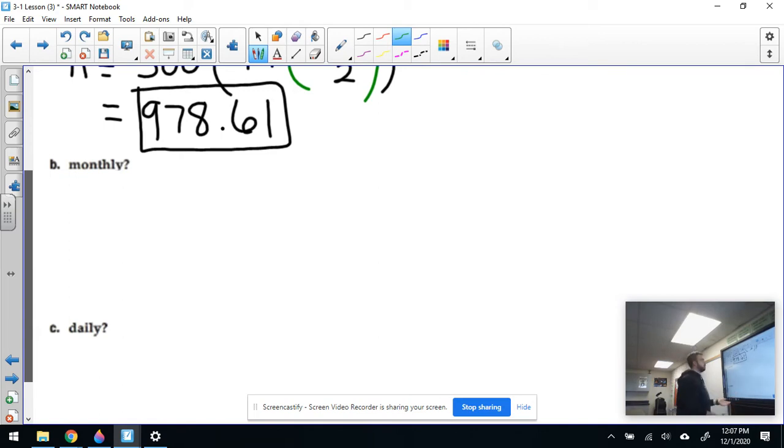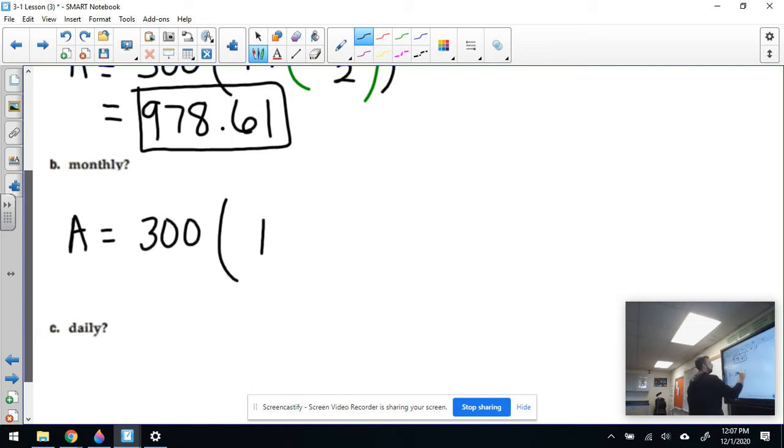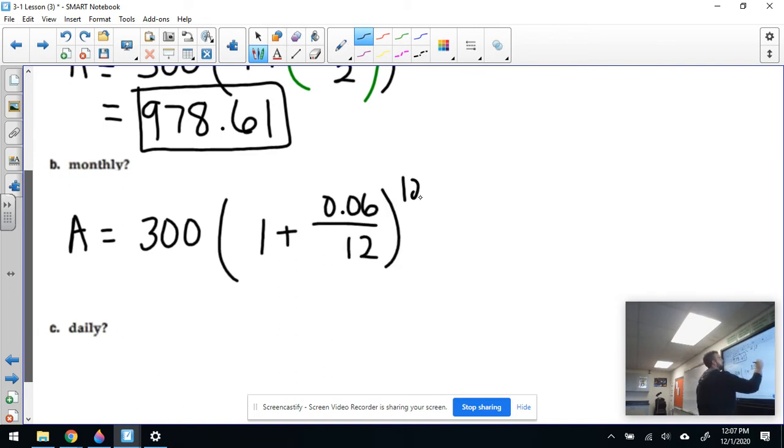But now let's say that it's compounded monthly, right? And you get a monthly statement. This kind of makes sense, right? The only difference in this one is now our N is going to be 12. So A is equal to 300 times 1 plus 0.06 over 12 to the power of 12 times 20. Again, I just go to my calculator and figure this out.